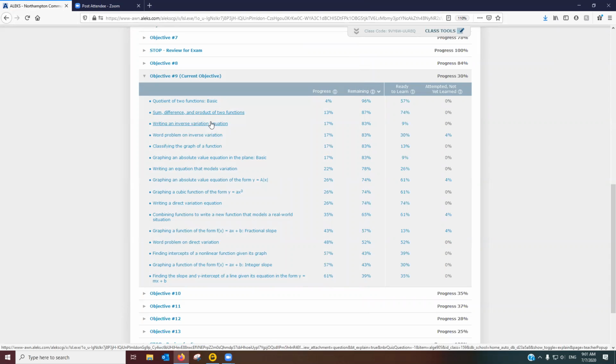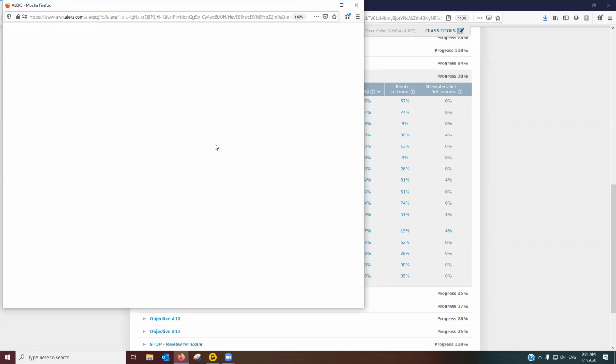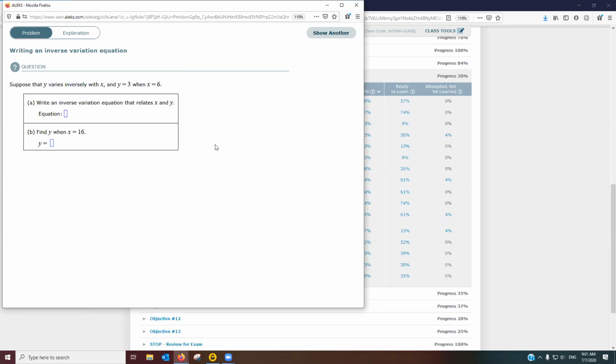All right, let's do a few more. Let me come here to this one. It says, write an inverse variation equation that relates x and y. All right, well, for this, let me point out to you that there are two kinds of variation. Well, there's more than two, but let me mention two types of variation equations.